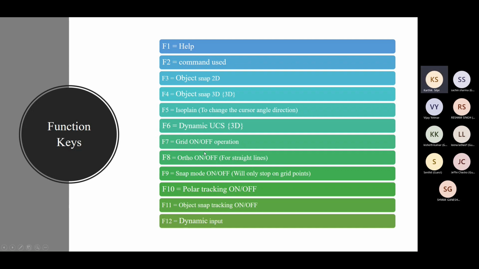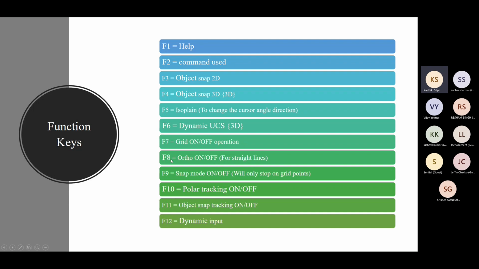And all these other commands, you have to always switch on. You've seen what snap is, right, in the first class. Polar tracking is also similar to snap, which shows where our point is. For example, if it is a circle and you want the center of the circle, you have to always switch on polar tracking so that you'll know the center, or whenever you have a diameter or a radius of the circle, all the points will be shown when you turn on polar tracking by pressing F10.